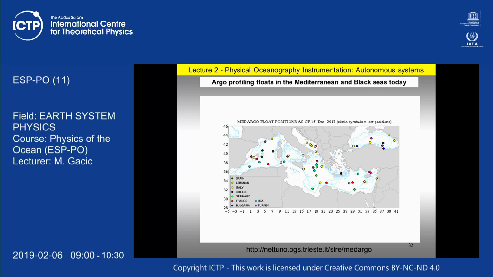You remember the Black Sea and how these floats were traveling in a cyclonic way all around the Black Sea, and they helped to have a good description of the flow in the Black Sea in general.